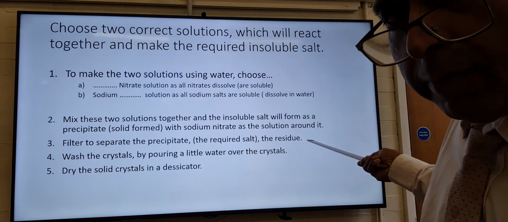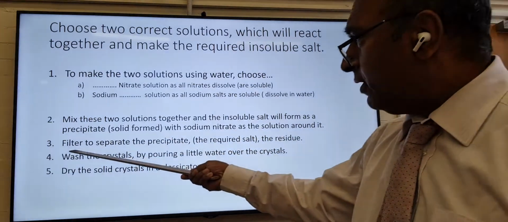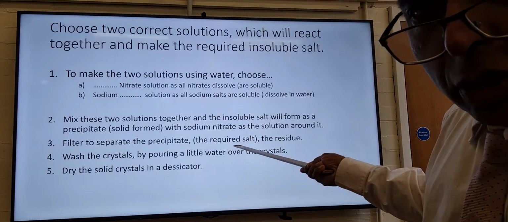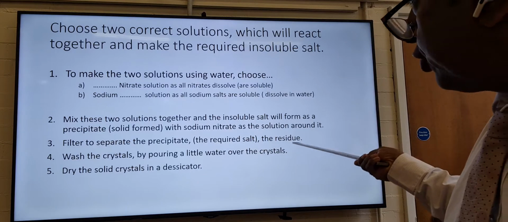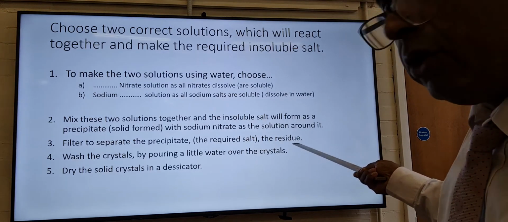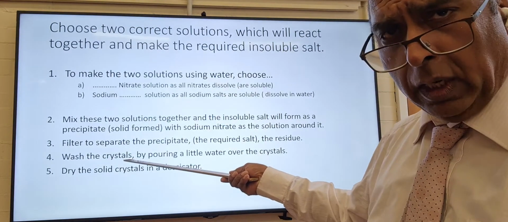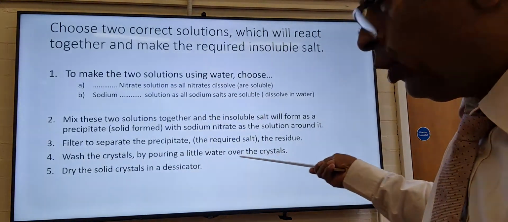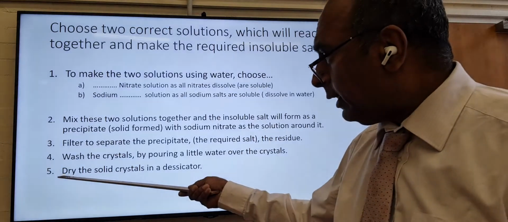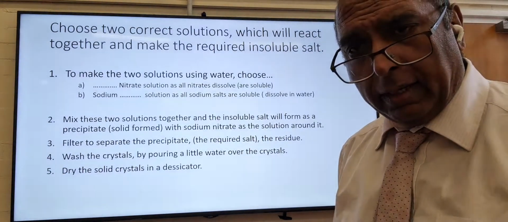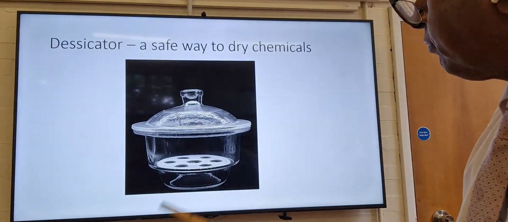So that's in the water, the solution above. Filter to separate the precipitate. That precipitate will be the salt that you want, and it will be on the filter paper, so we call it the residue. Then you wash the crystals by pouring a little water over them, and you dry the solid crystals in a desiccator. I'll show you a desiccator in a minute.